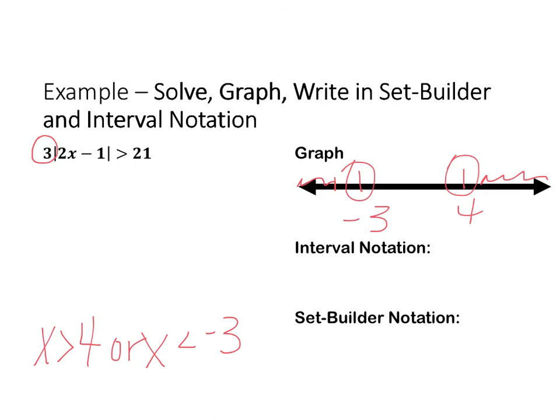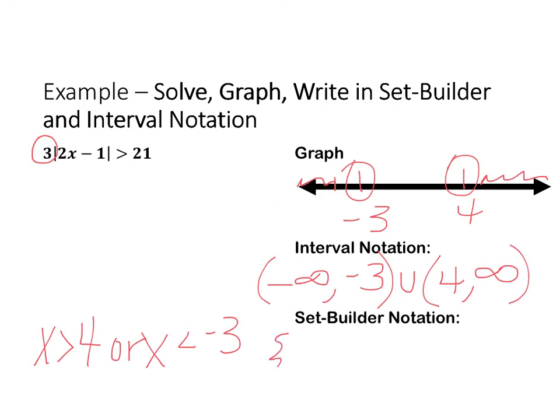My interval notation is start point, comma, stop point, or starts up again here and goes on to here. That's my interval notation, and my set builder notation is all real numbers x such that x is greater than 4 or x is less than negative 3. If you didn't get this answer, go back and see where you went wrong.